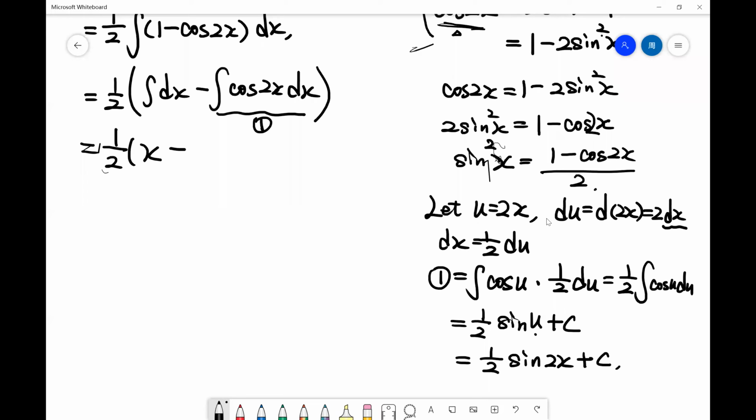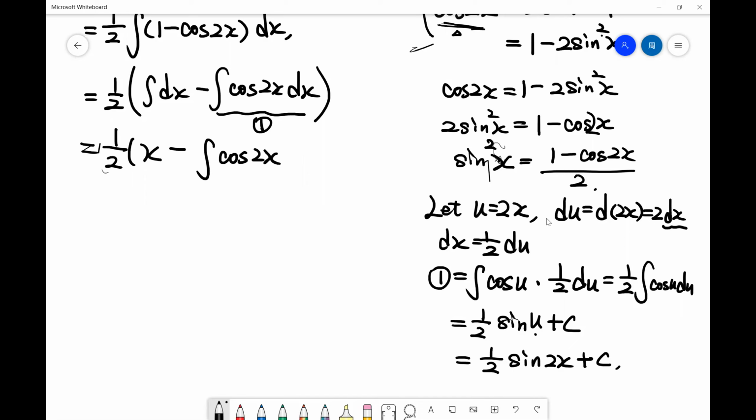This is the first way, where we use the substitution rule step by step. You can calculate the integral separately, and then we write the result here. And here, if you are very familiar with the substitution rule, you can also use the direct way.